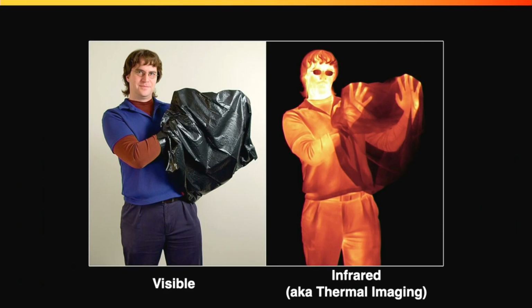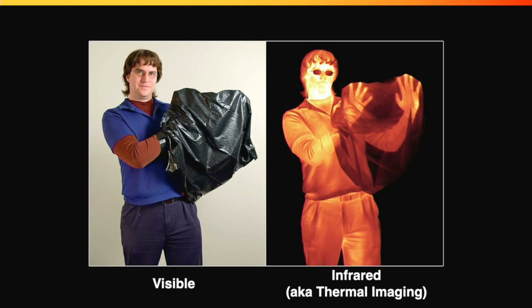There's a second cool advantage to imaging in infrared. And here I have another image for you. This was a demonstration done at JPL and Caltech, where somebody has draped an ordinary plastic trash bag over their arms and hands, and they've taken an image of it in visible light, but they also took another image in the infrared wavelength, sometimes also known as thermal imaging.